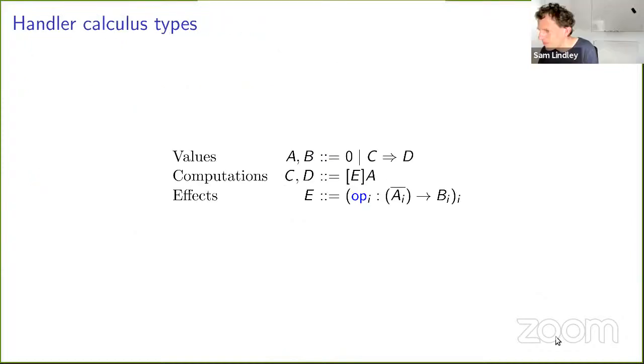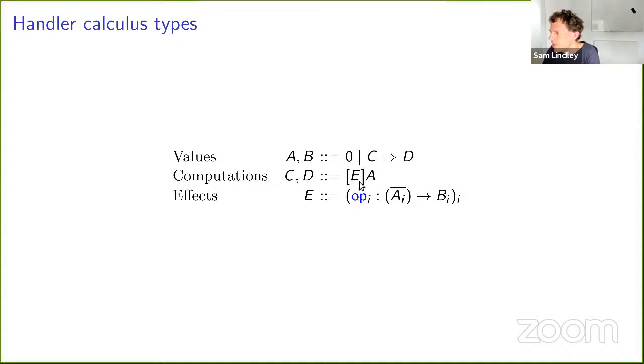Anyway, on to the actual talk. So this is handler calculus. These are the types of handler calculus. I'll show you the terms next. So what we're going to have is just an empty type and then a type of handlers. This maps a computation of type C to a computation of type D, or it handles a C computation as a D computation.